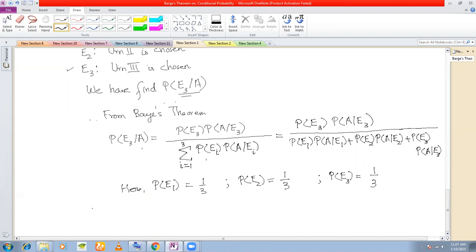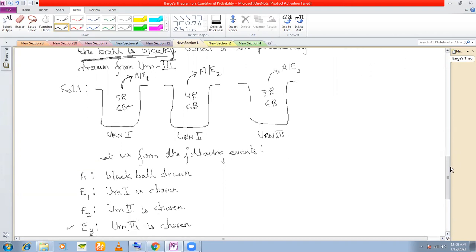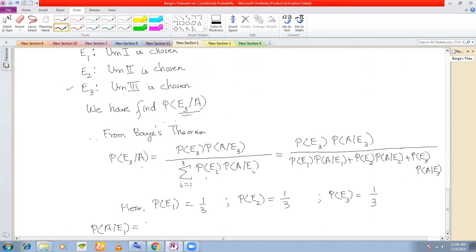Now we shall find out P(A/E1). As I told you earlier, this is A/E1: probability that a black ball is chosen given that urn 1 is selected, right? So it should be 6 by 11.